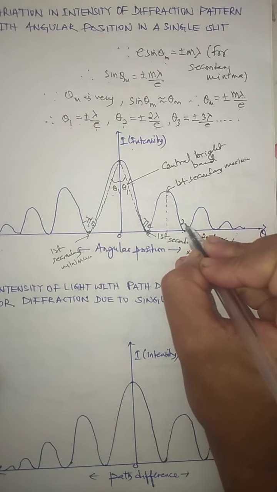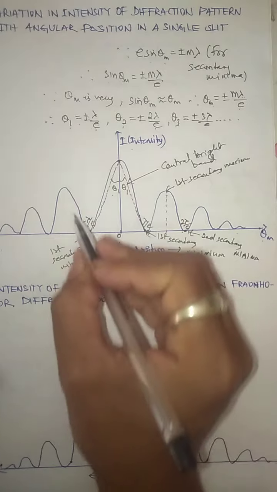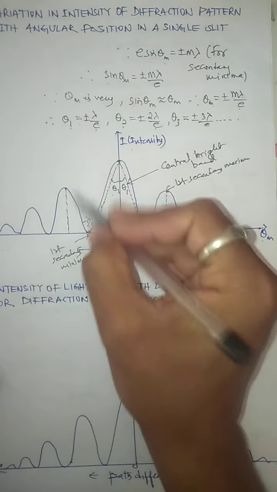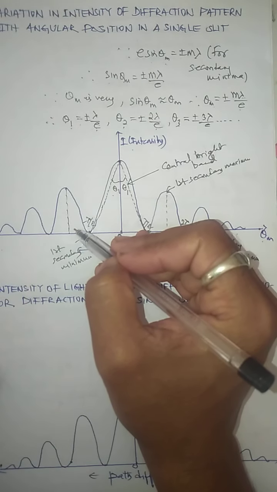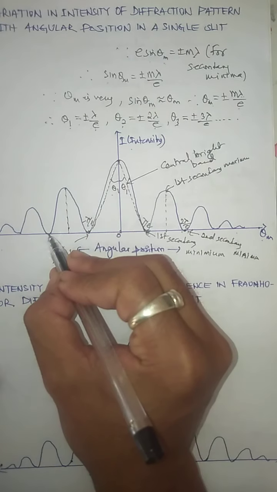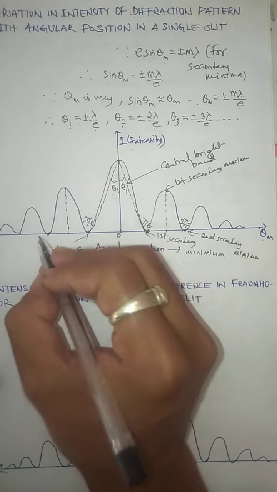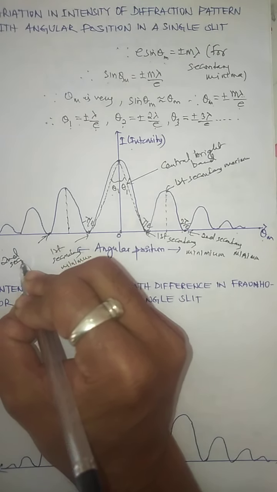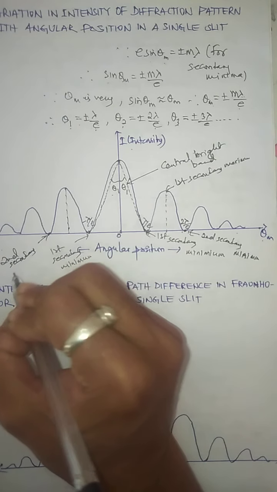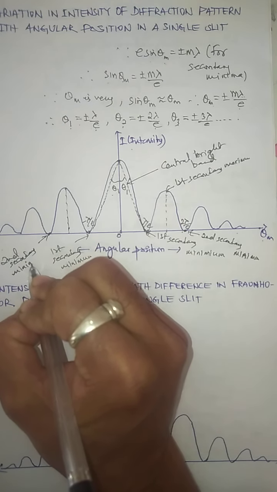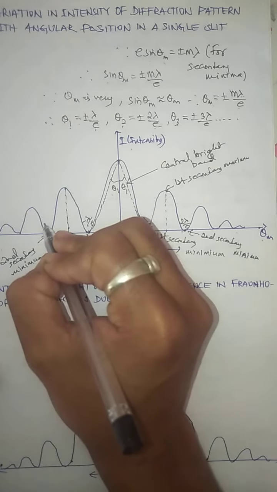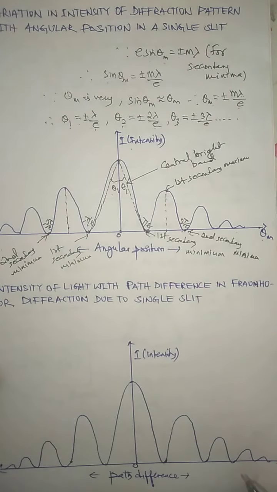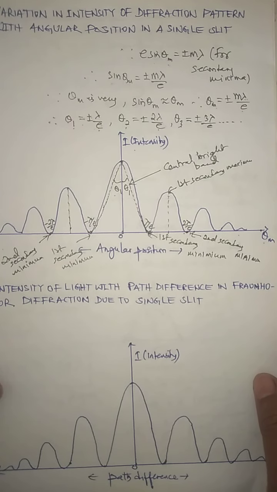On the left hand side, this is the central maximum, this is the first secondary maximum, and after this is the second secondary minimum, which is also given by minus 2 lambda by e. So in this way, children, we can do this for any minimum.